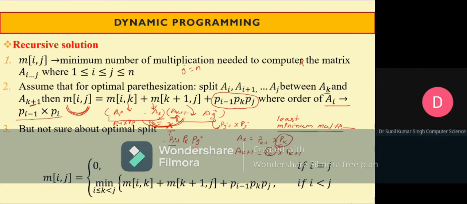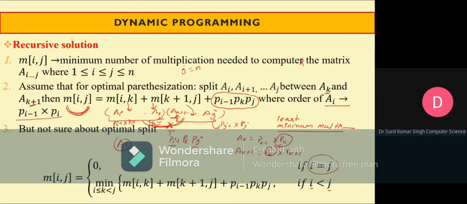Now, guys, this is the situation when we are having the value of k, but k can vary. It can start from i, and it will be 1 less than j. But of course, when i equals j, then only one matrix will be there. There will be no multiplication, so the multiplication cost will be 0.